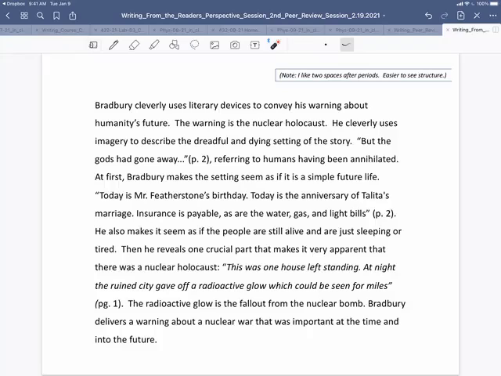So first one, Bradbury cleverly uses, so forward lean uses, to convey his warning about humanity's future. That seems stress-worthy. The warning, here's a backward link, is the nuclear holocaust. That also seems stress-worthy.